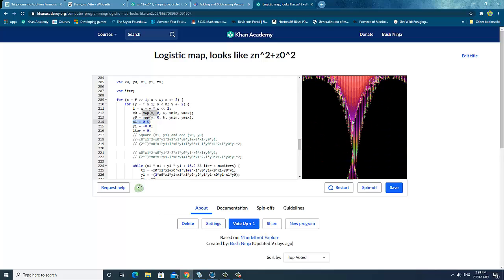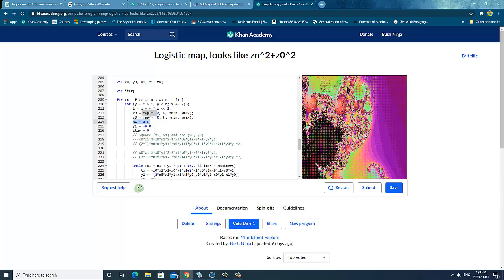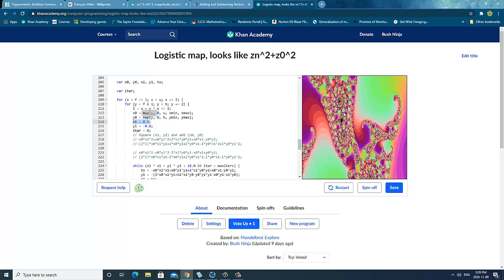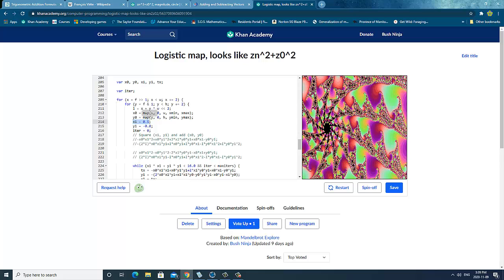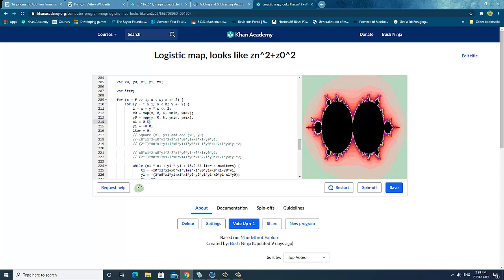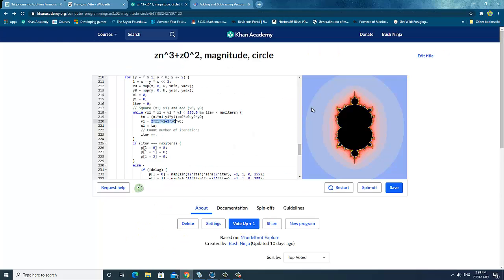So I don't know what to say about that. There are lots of videos on the logistic map and all this stuff going on. I'm not really gonna go into that.